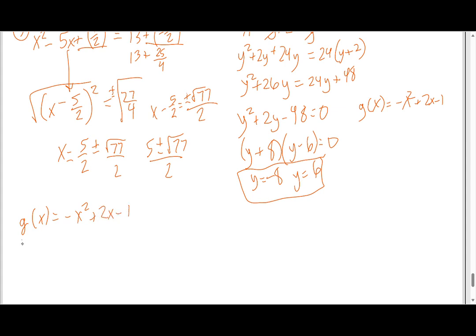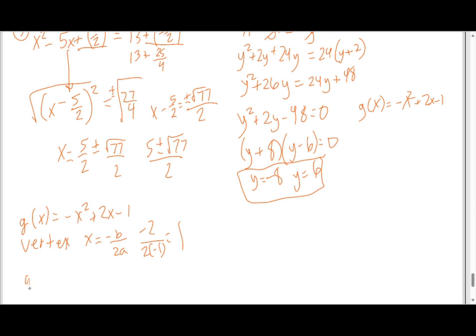All right, let's start with the vertex. We have a handy formula for the vertex that gives us the x coordinate, which is negative b over 2a. B is 2, so that's negative 2. A is negative 1, and so negative 2 over negative 2 is just positive 1.